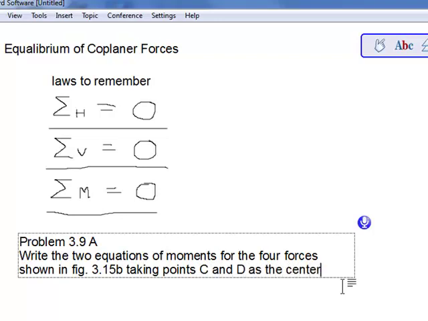Remember, the sum of the moments has to equal 0. That's the key.